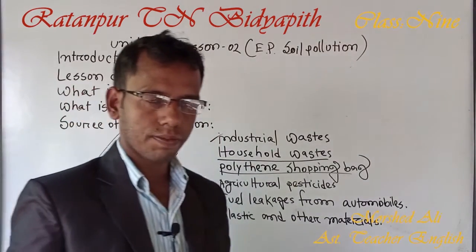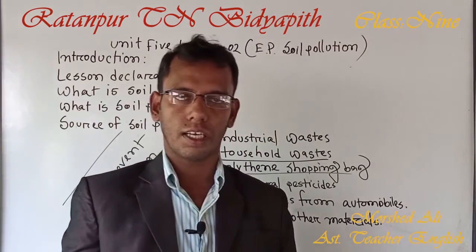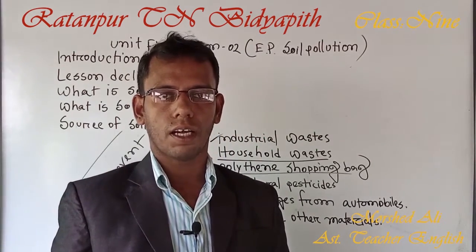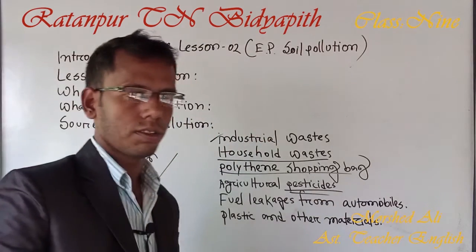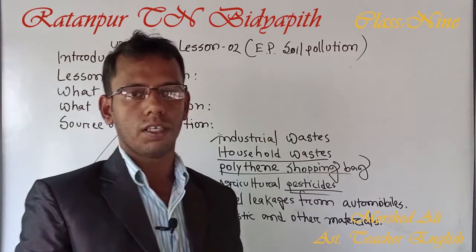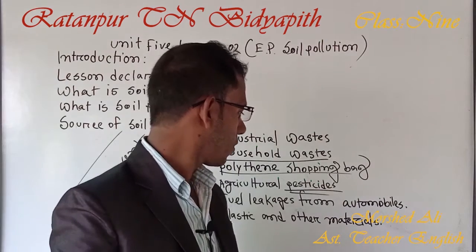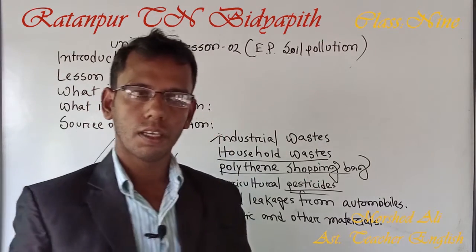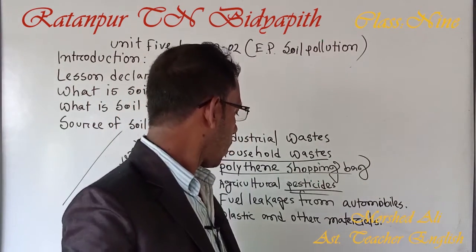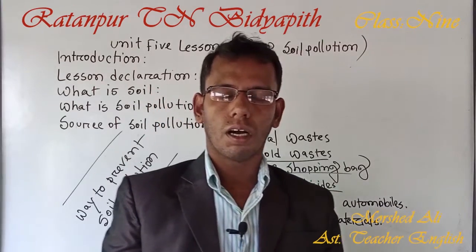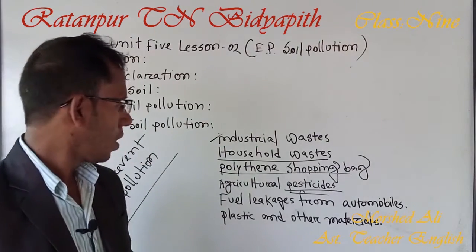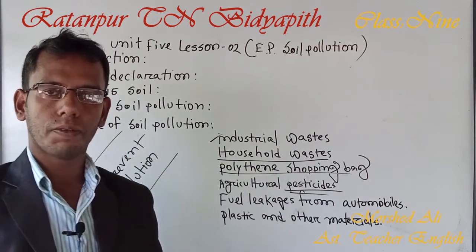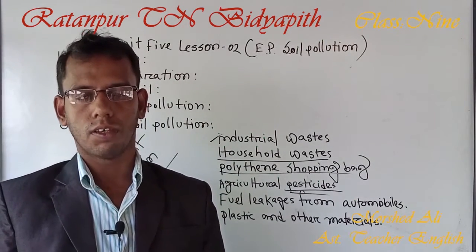Agricultural pesticide. Bangladesh is an agricultural country, and our farmers use pesticide to suppress different types of insects. So dear learner, when we use agricultural pesticide, we have to be aware of overuse.